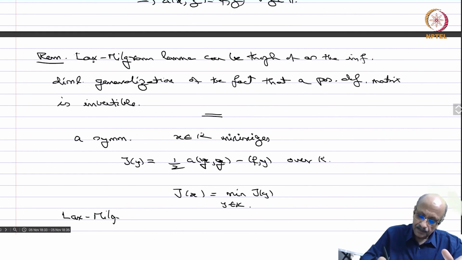Then Lax-Milgram also holds for any closed subspace.